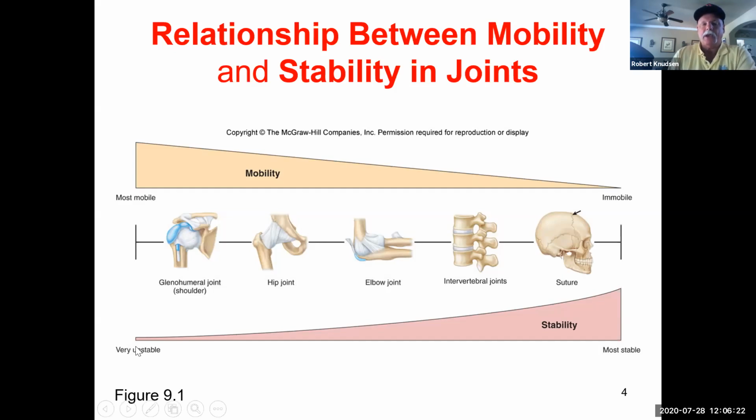So if I'm over here, I'm looking at a very unstable joint. Now go to the top, but it's very mobile. See it? Okay. So what we actually have is two x-axes and y-axes. You see?